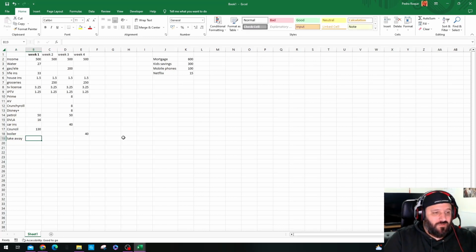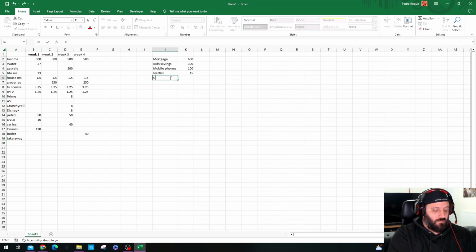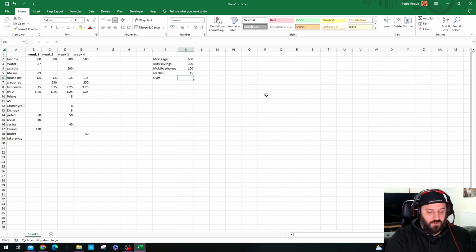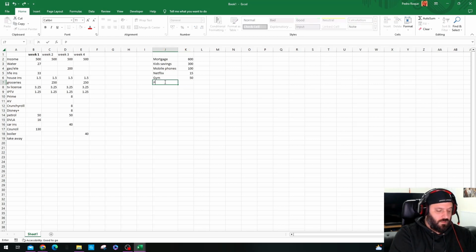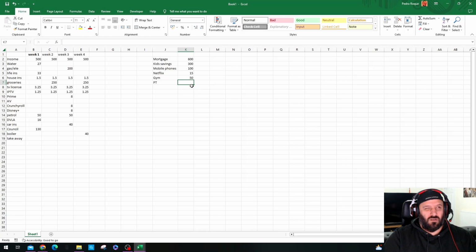This is one of the expenses that... Oh, she's also got the gym, which costs her £50 a month, and it costs her like 3 times a week at £20. PT costs her 120.